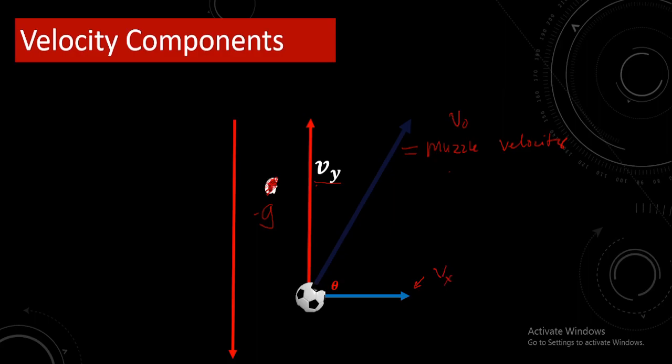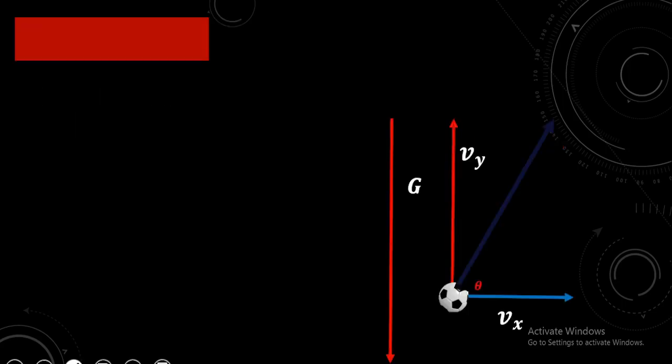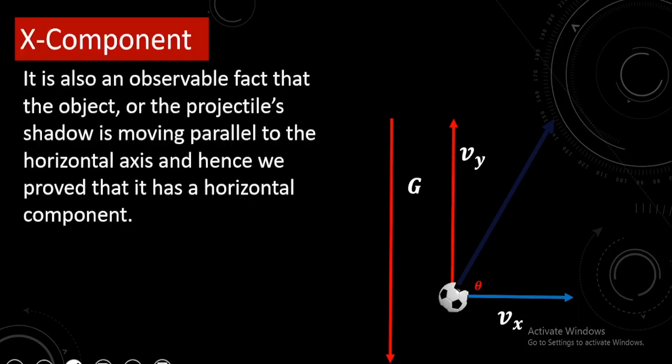This one is constant, and you will see here the angle theta. As I've mentioned, the vertical component is affected by gravity. For the x component, it's also an observable fact that the projectile's shadow is moving parallel to the horizontal axis, and hence this can prove that the projectile has a horizontal component.